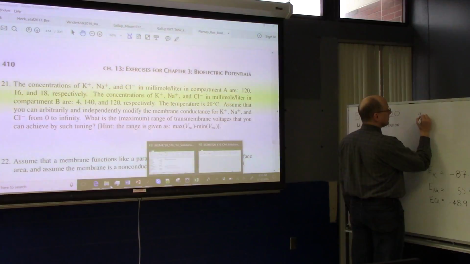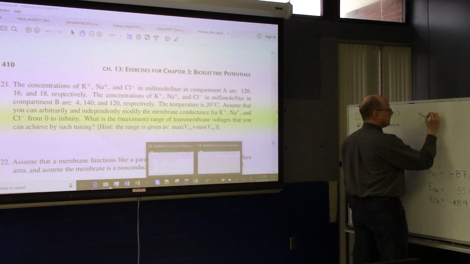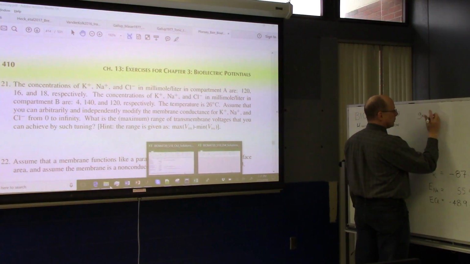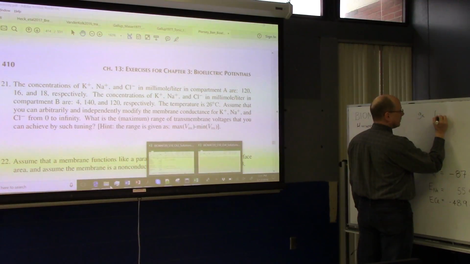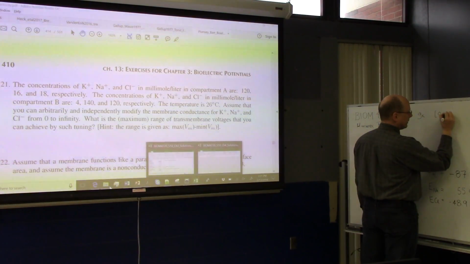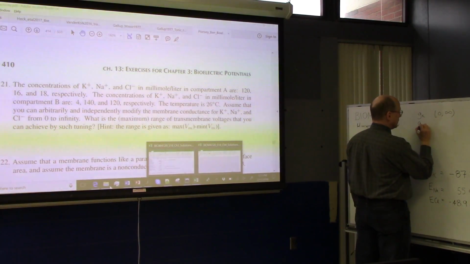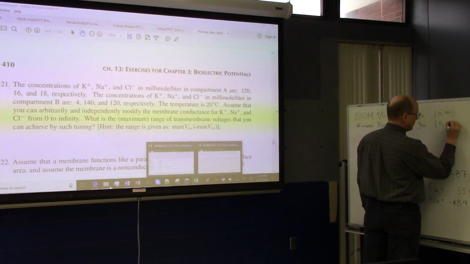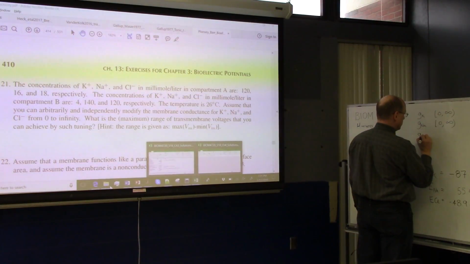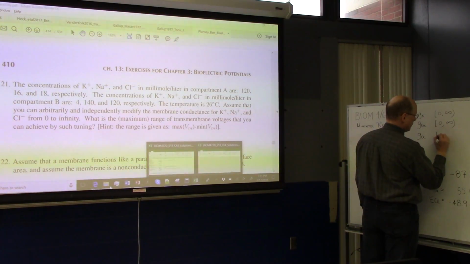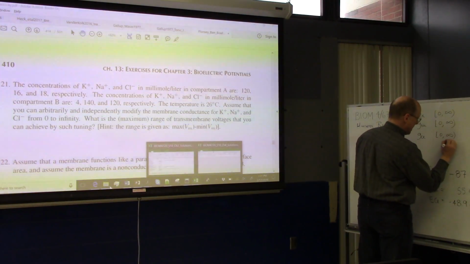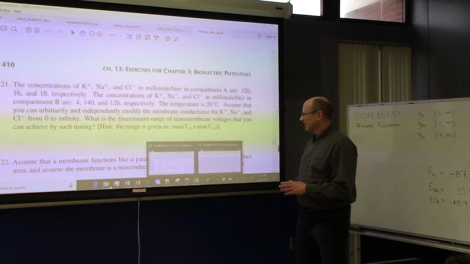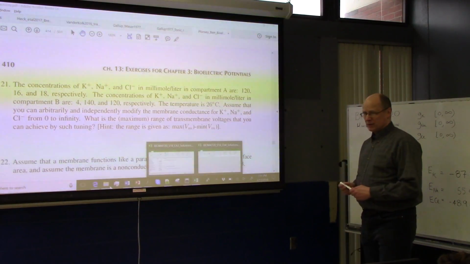So, GK can go from 0 to infinity. GNa, 0 to infinity. GCl, 0 to infinity. So, how is that going to affect the transmembrane voltage?